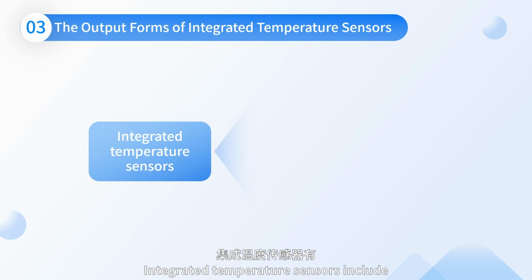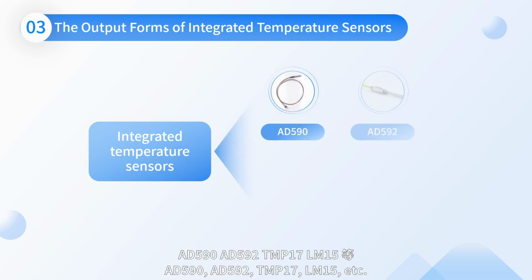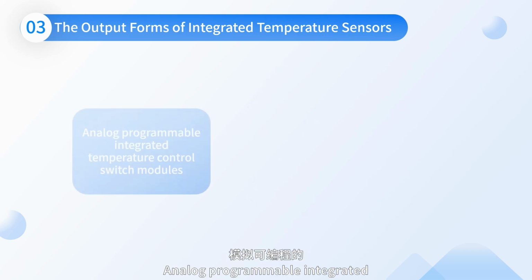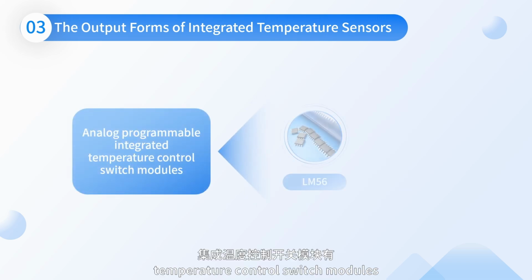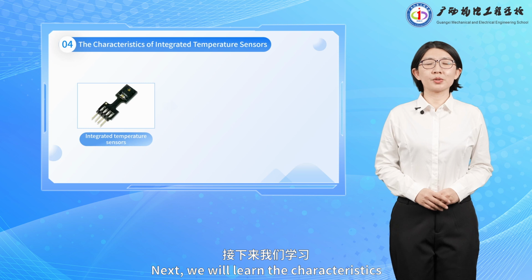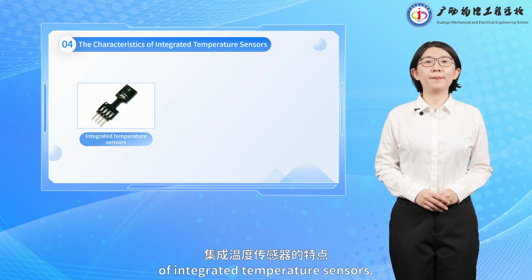Integrated temperature sensors include AD590, AD592, TMP17, LM15, etc. Analog programmable integrated temperature control switch modules include LM56, AD22105, etc. Next, we will learn the characteristics of integrated temperature sensors.